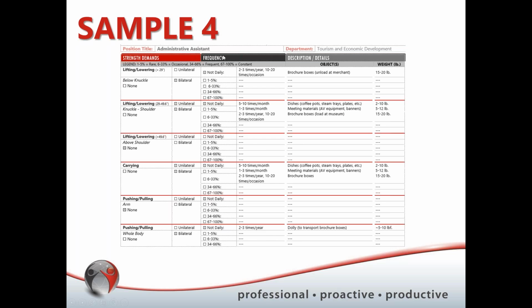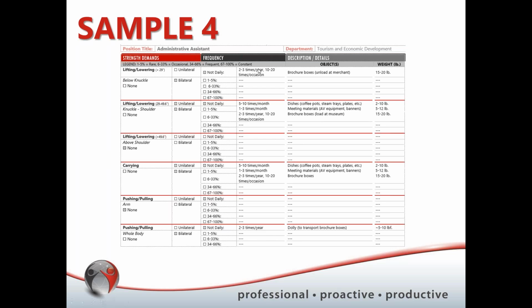In the example I provided, it's an admin assistant. There won't be a lot of lifting in this job anyways, but there is no lifting above shoulder. So you'd know pretty quickly that that's not a component of this person's restrictions that you need to be worried about. Right. So there are some distinct advantages, I think, to this type of a PDA.